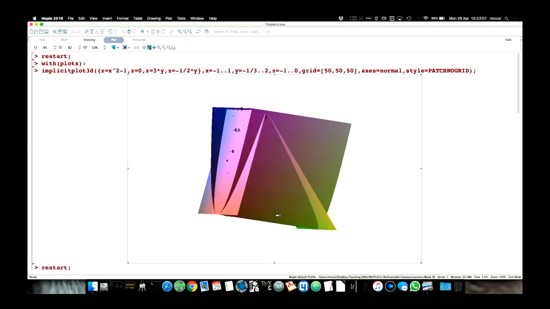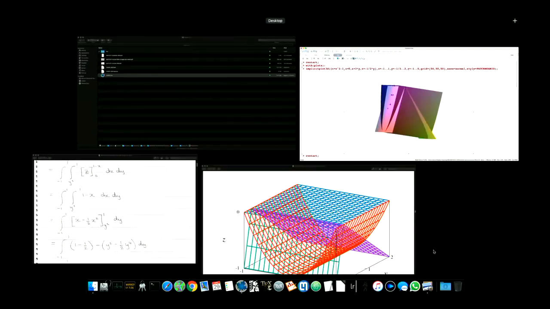And then the hard part is I've also got to figure out what the region in the xy plane is that I'm integrating over. The way I imagine that is, imagine I squash this. What does the region look like in the xy plane? You see here, this is where it's starting to get complicated. So this is the way I tackle these problems.